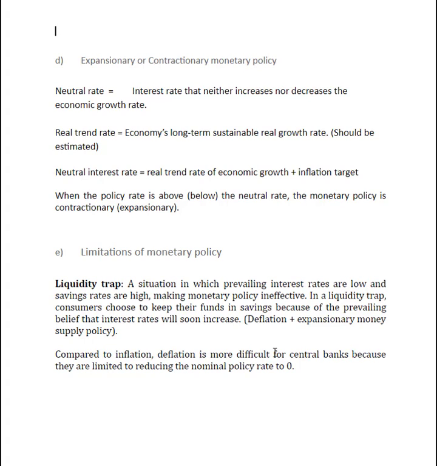So we have more money supply, and still we're not able to accelerate aggregate demand. This kind of situation is called a liquidity trap.